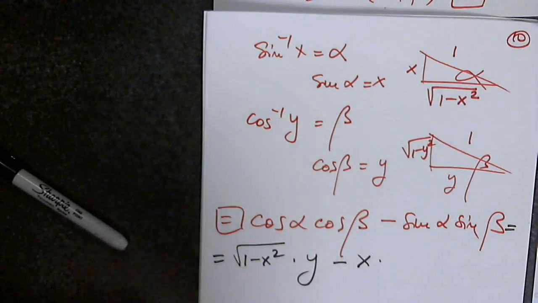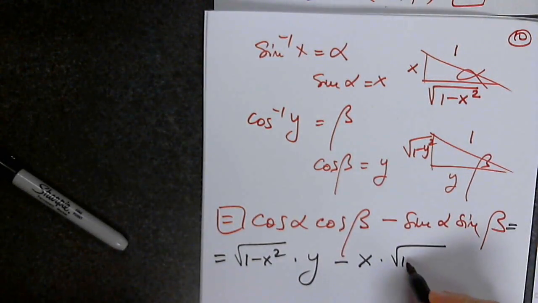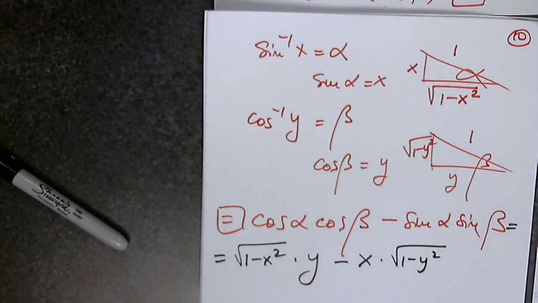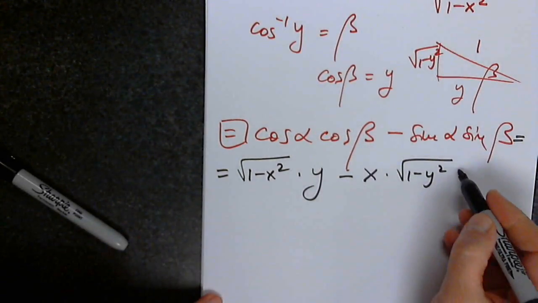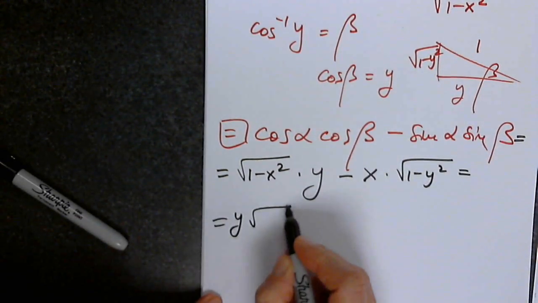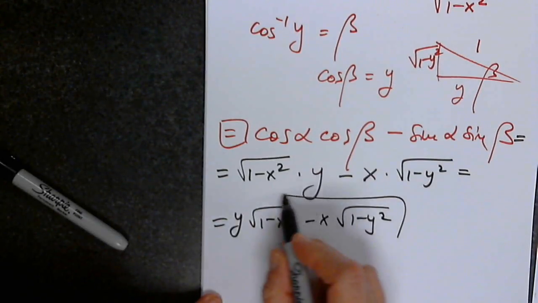Indeed. Times sine beta, please. Square root of 1 minus y squared. That's it. And no one can do anything to this. I will just arrange it in such a way that I don't have anything following the square roots. So y, the square root of 1 minus x squared, minus x, the square root of 1 minus y squared.